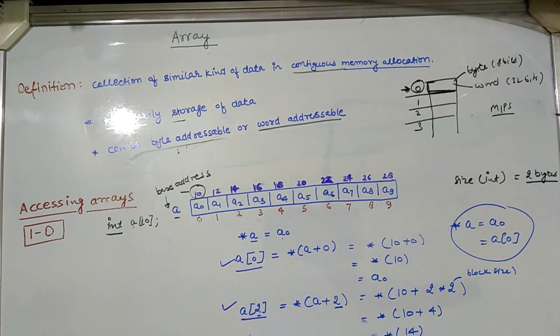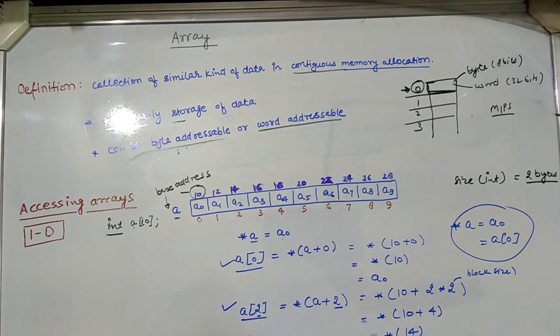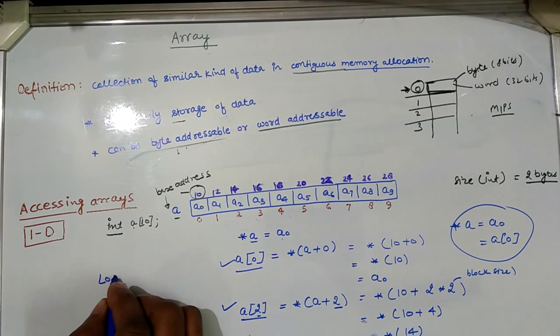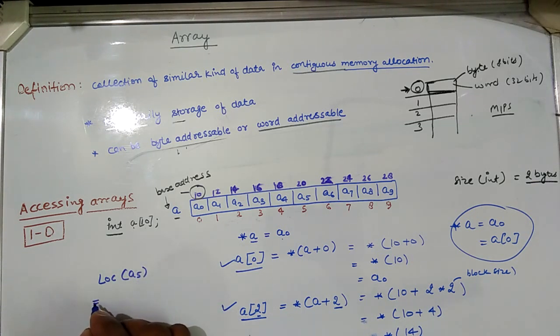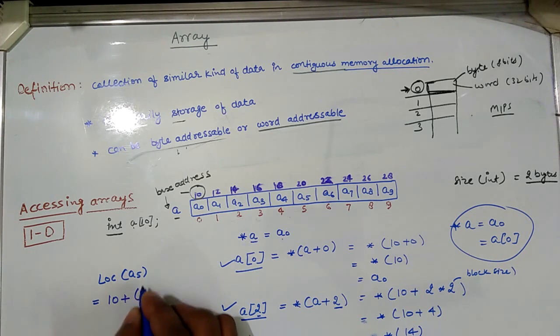Now if you want to find out the location of an array value, we can also find out the location. If we want to find out the location of A5, then we can write: location of A5 is equal to base address, that means 10, plus the index value of the element.